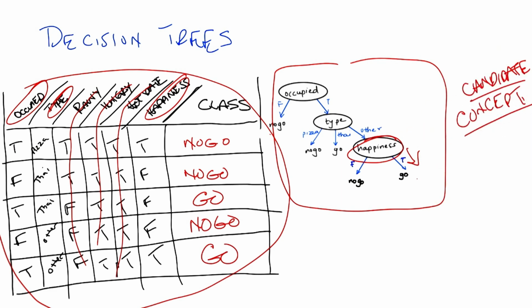We might have used a tree that also asked questions about whether it was rainy or not, or asked questions about whether you were on a hot date or not, but we didn't. We picked a specific tree that had only these three features and only asked in this particular way. So what we're going to talk about next is how we might decide whether to choose this tree over any of the other possible number of trees that we might have chosen instead.